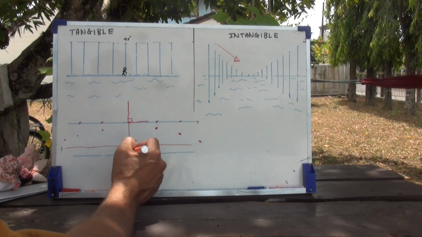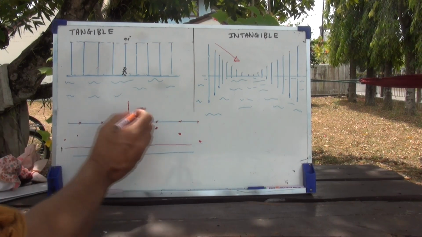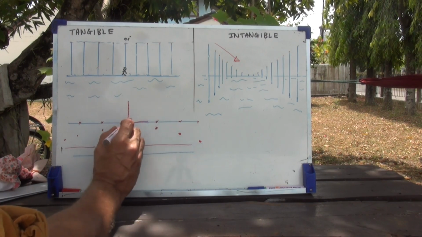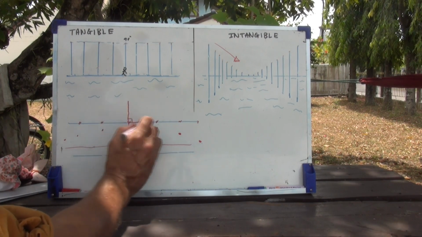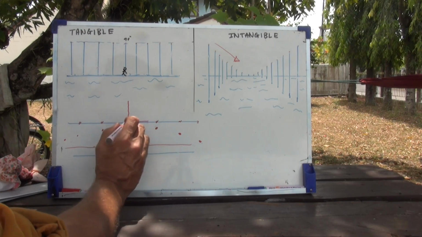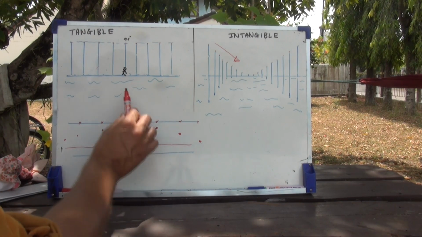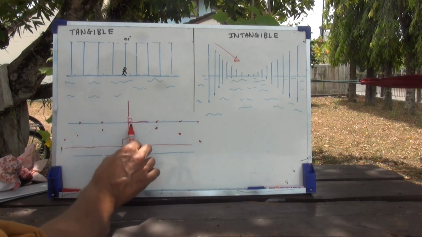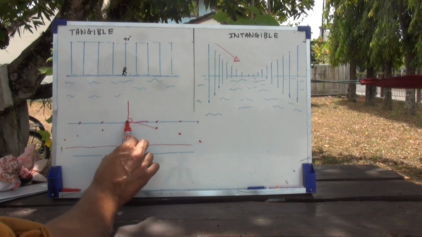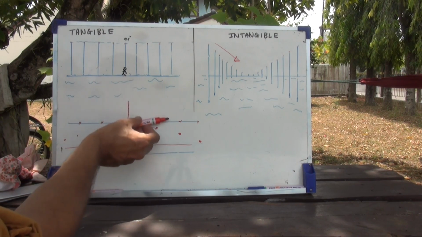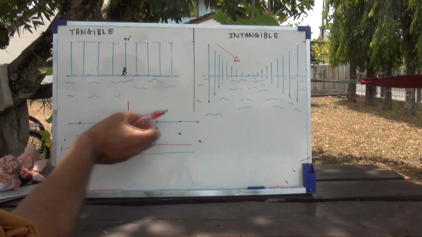Now you could call this spherical excess, if you like, because this 90 degrees has gone, we've gone beyond 90 degrees, and then this has gone further down.